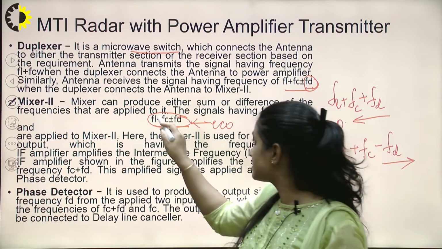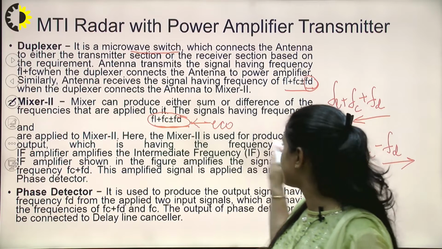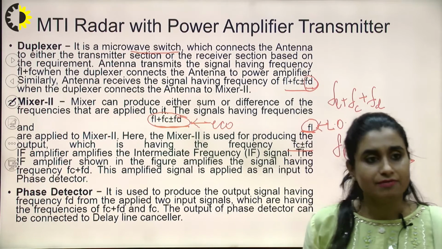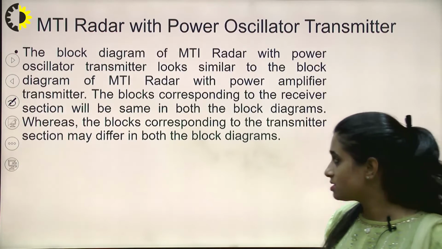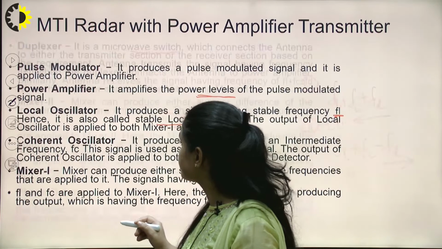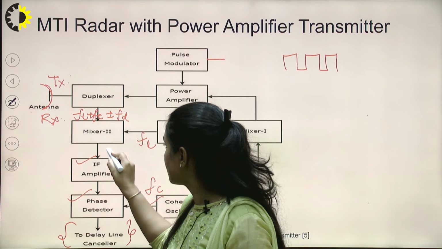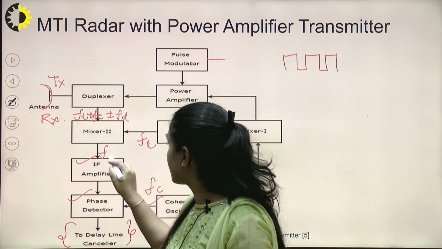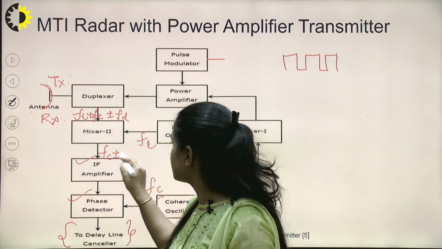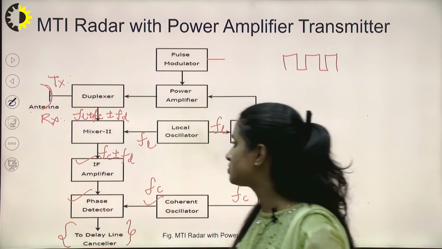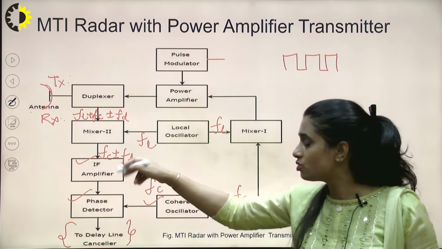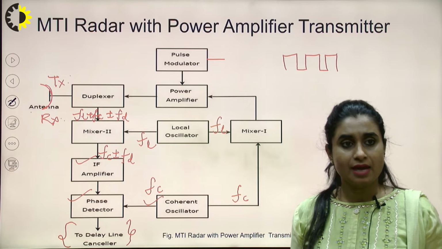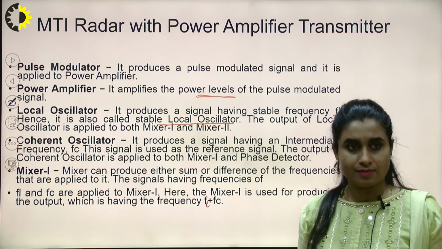The difference of these two frequencies will cancel out the FL term, and what we get here is FC plus or minus FD. So the output of my mixer 2 is FC plus or minus FD. This is usually the output of mixer 2, which goes as input to my IF amplifier, right?